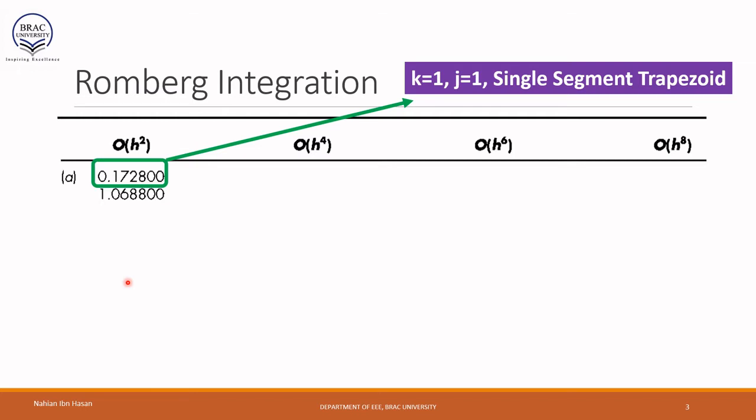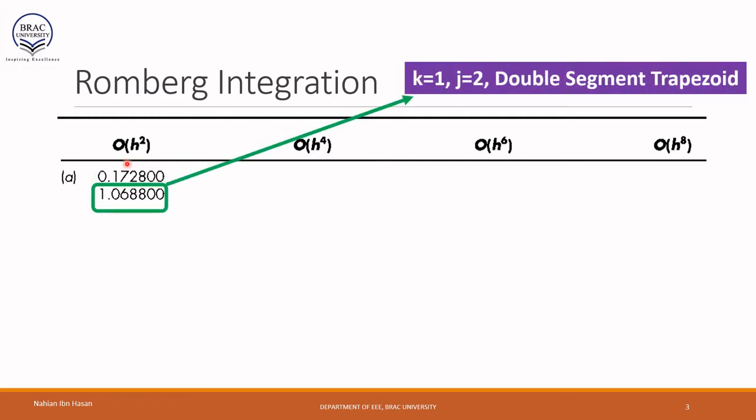Since this column, O of h squared, means the order of accuracy is 2, this column denotes the preliminary results. That means k equal to 1. And since this is the first integration, the accuracy level, j should be 1. In the second case, I have a higher segmented result, where j equals 2. j equal to 2 means I have this result for the double segment trapezoid. Okay, so I have these two results.